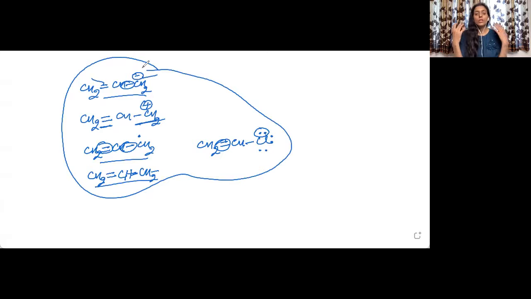You need to look for the conjugation in that system. How to find out whether the system is conjugated or not? You need to look for 1 bond distance between a double bond and another double bond, a double bond and a positive charge, a double bond and a negative charge, a double bond and a free radical, a double bond and a lone pair.